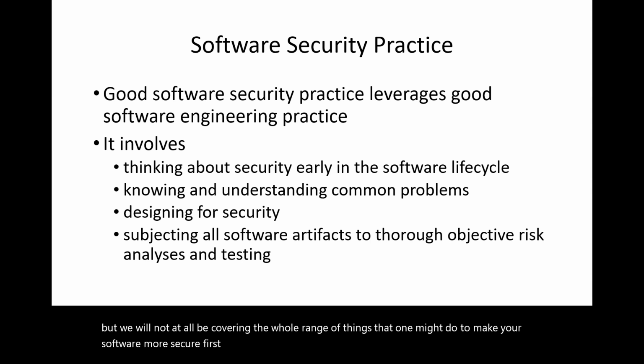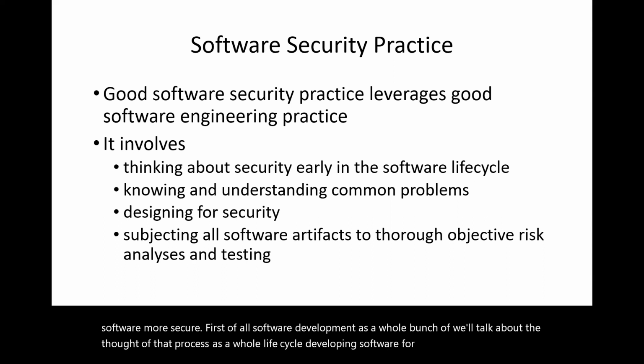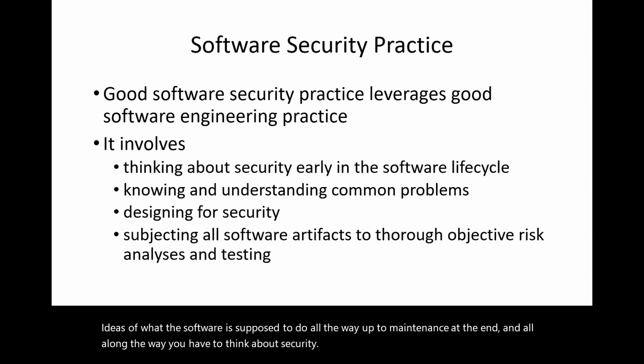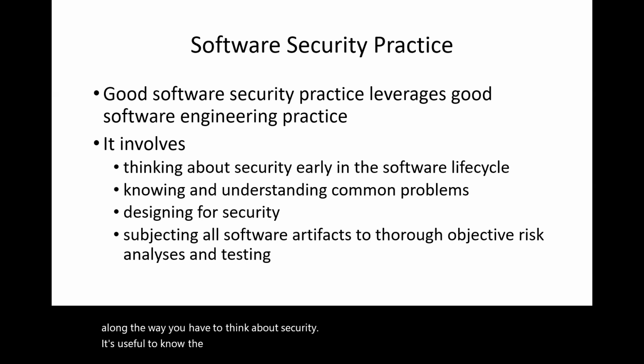First of all, software development is a whole bunch of things. We'll talk about the development process as a whole life cycle of developing software, from first ideas of what the software is supposed to do all the way up to maintenance at the end. And all along the way, you have to think about security. It's useful to know the common problems. Most of the problems we have are not new.